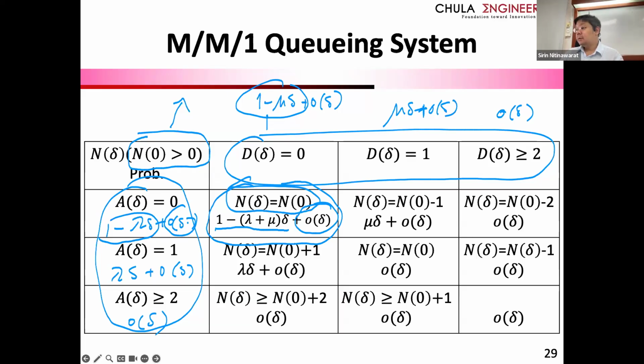What about this one? This one is when there is no new arrival, but one customer has left, right? If that happens, remember N of T is equal to A of T minus D of T. If A of T is 0 and D of T increased by 1, N would be reduced by 1, right? And what would be the probability? You multiply this by that.